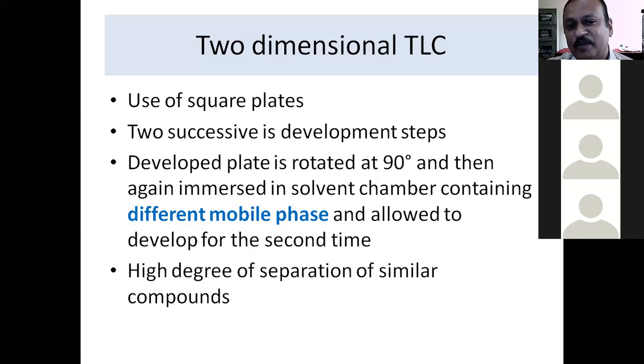So the combination of two different electrophoretic techniques gives you more separation in two-dimensional electrophoresis. In a similar manner for TLC also, we run thin layer chromatography in one mobile phase in the first run, and in the second run we use a different mobile phase, so that similarly placed components will be separated properly.